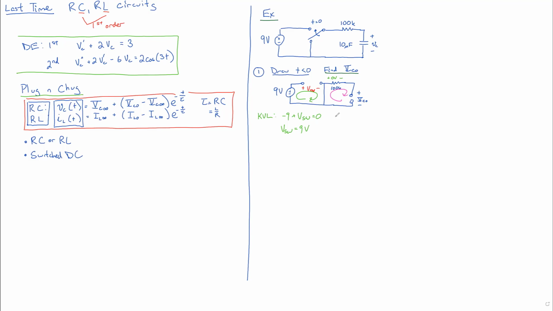And that KVL says that entering here plus VC naught, and then there's no voltage here, no voltage here. We already said this has to be 0 across this resistor because there's no current flowing through it, equals 0. And that's why VC naught is equal to 0. So that's an important result.